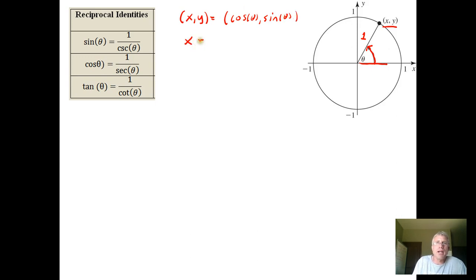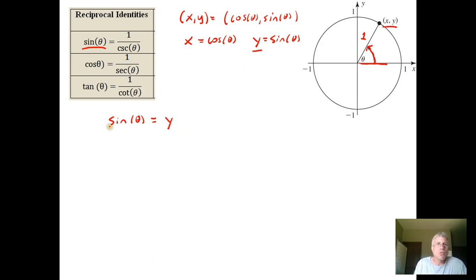In other words, x and the cosine of theta on the unit circle are the same thing, and y and the sine of theta on the unit circle are the same thing. And then we want to look at the sine function. So the sine of theta, which we know is equal to y by what we've already established.